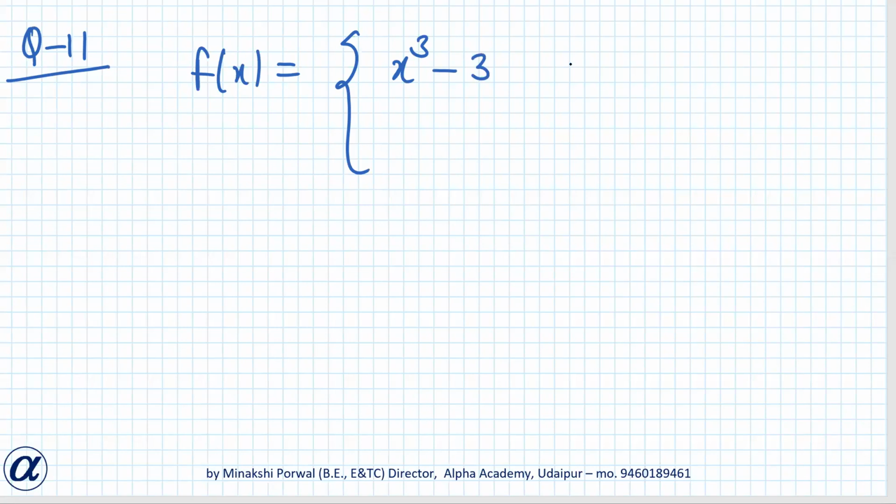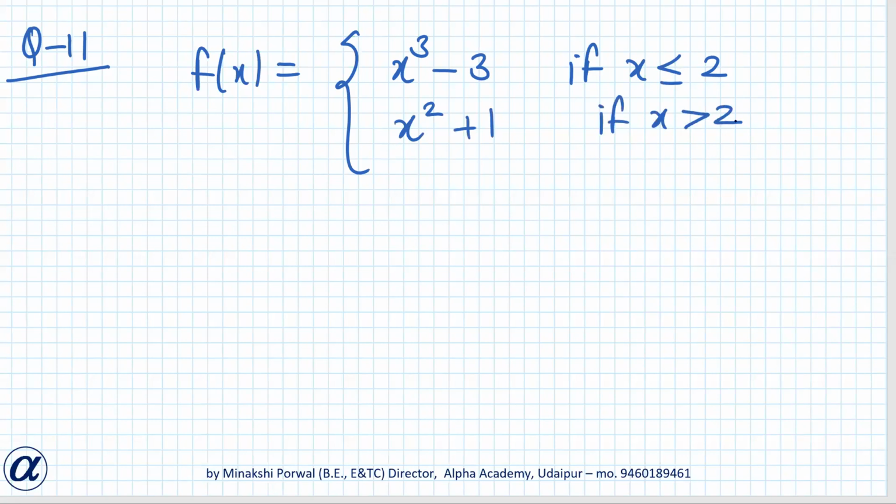Question number 11. Question number 11 and 12 will be homework, I am just explaining. So f x equals x cube minus 3 if x is less than or equal to 2, x square plus 1 if x is greater than 2.